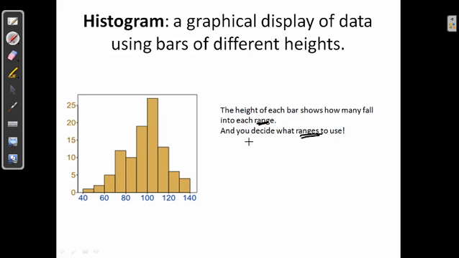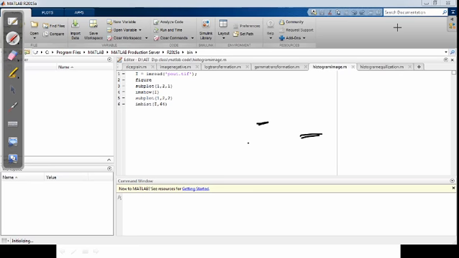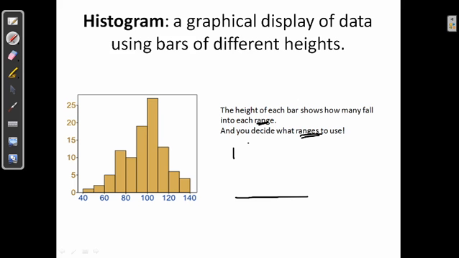If you are using a bar graph, let us consider this as a bar graph. What you tend to do is take two axes. One would be your x-axis and the other would be your y-axis.